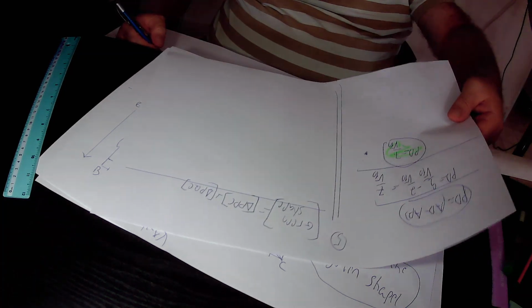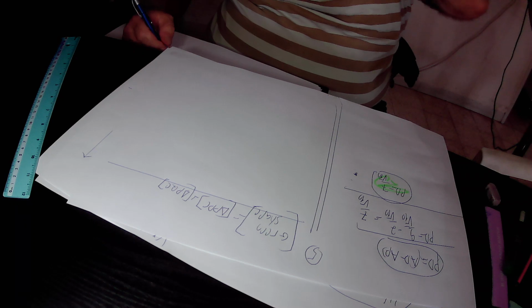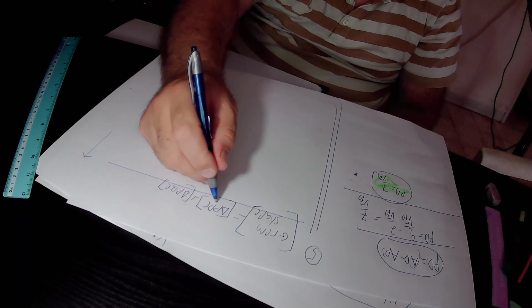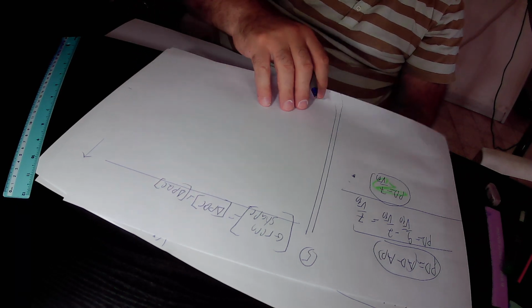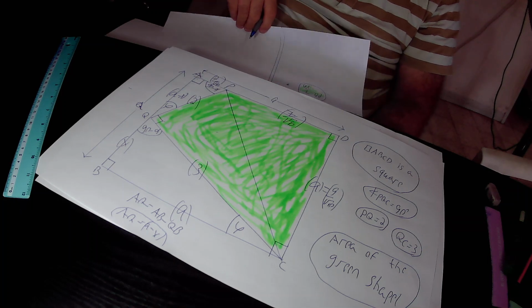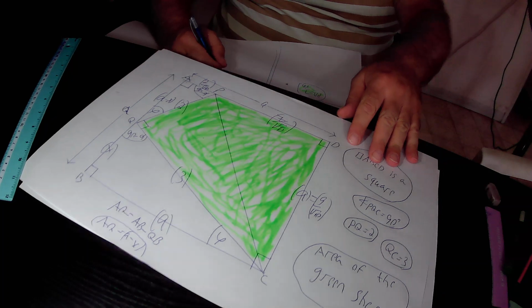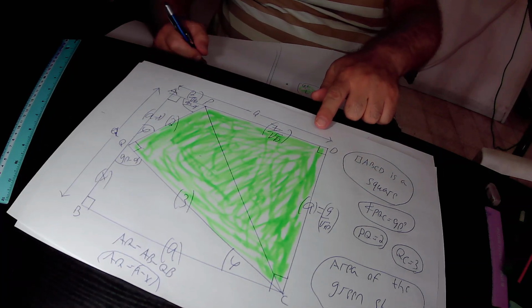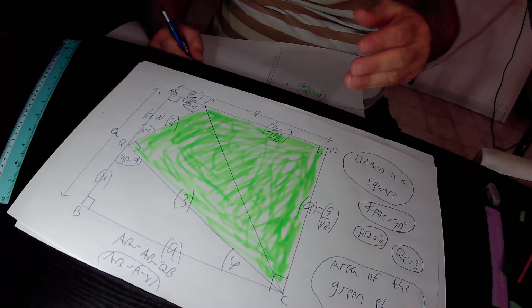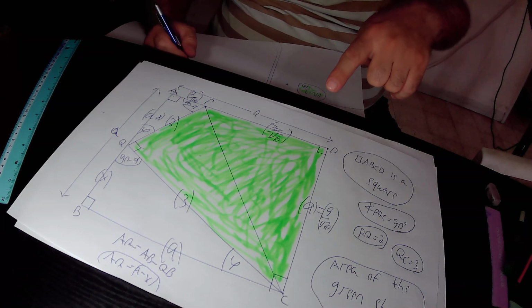So again, the area of the green shape equals the area of the right triangle PDC plus the area of the right triangle PQC. What is the area of the right triangle PDC?